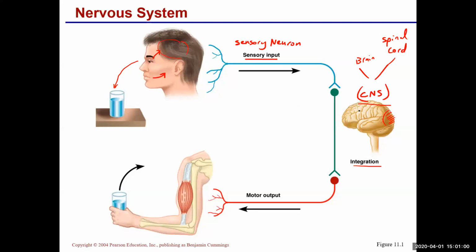But information, once it gets into the central nervous system, sometimes might need to transfer from one area of the central nervous system to another area. So for that, you require what's known as an interneuron.